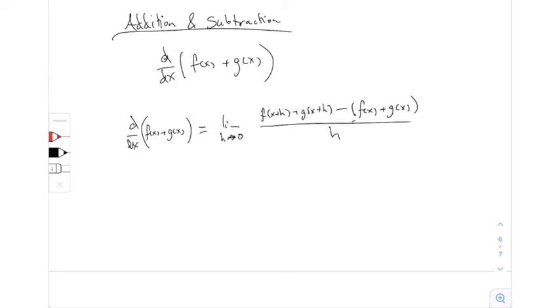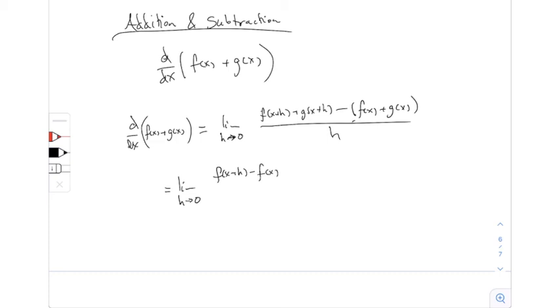All right? And how can we simplify that? In the previous example, we were able to factor the constant all the way out of everything. Here, you can't really factor anything all the way out, but you can rearrange things so that the f's go together and the g's go together. That will involve distributing the minus sign, and then changing the order around so that the f's go together and the g's go together. I get f of x plus h minus f of x.